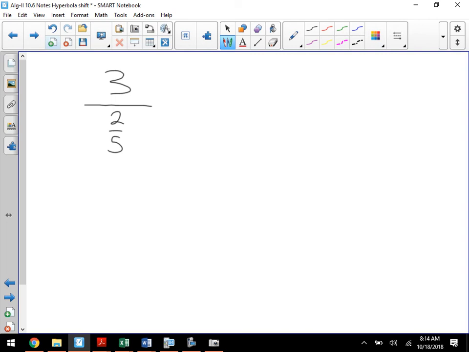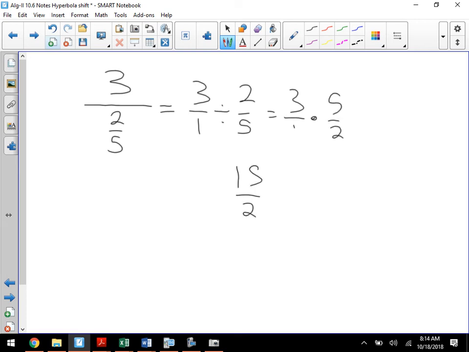So this is the same thing as saying 3 over 1 divided by 2/5. Which means keep, change, flip. You get 3 over 1 times 5 halves, which makes this 15 over 2.